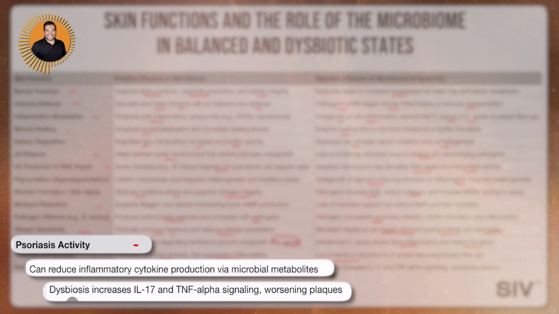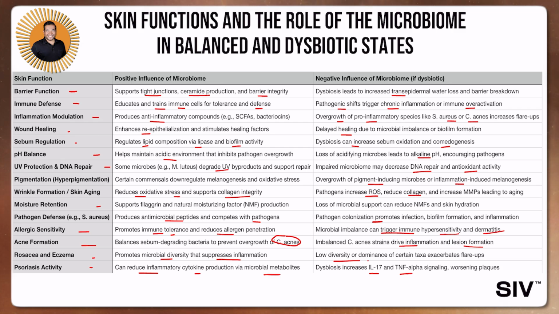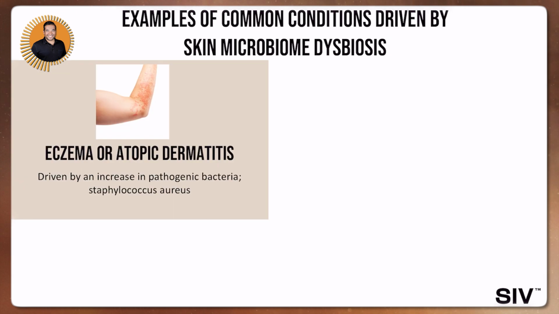On the other end of the spectrum, when you have a dysfunctional skin microbiome, you increase IL-17, which is a pro-inflammatory marker, and TNF-alpha, which is also a pro-inflammatory marker, which leads to the formation of plaques or the worsening of existing plaques, right? So a balanced skin microbiome can actually be protective against psoriasis. A dysfunctional skin microbiome becomes a driver of psoriasis and other inflammatory conditions on the skin.